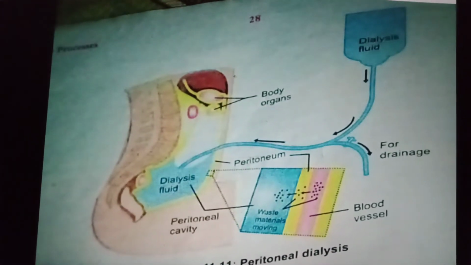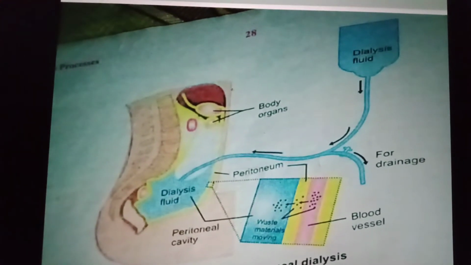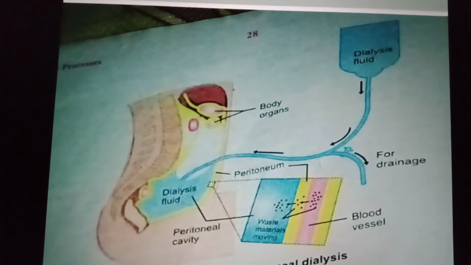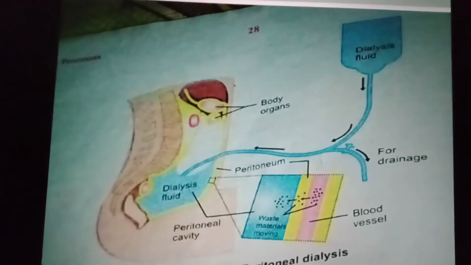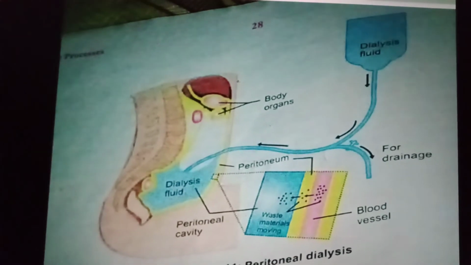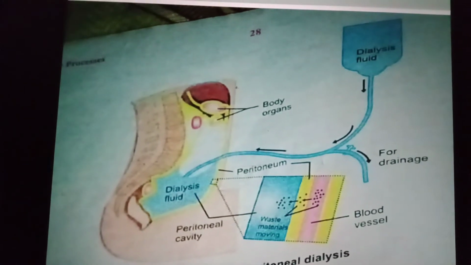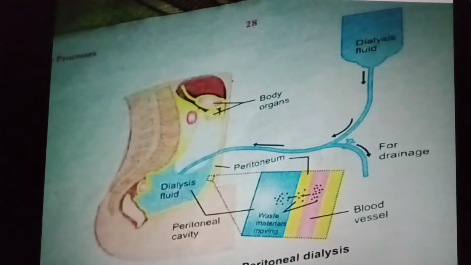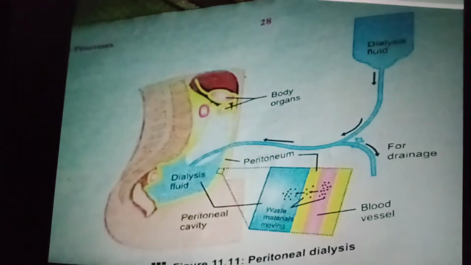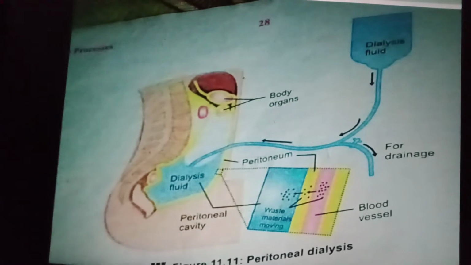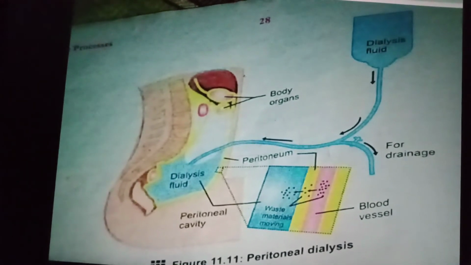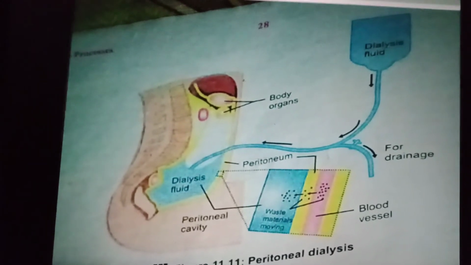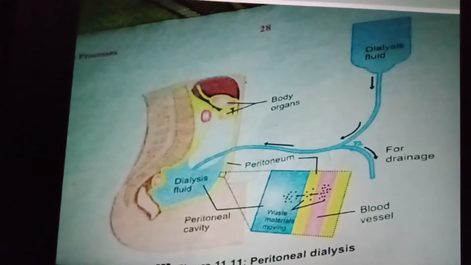You're watching that there are blood vessels. When we place dialysis fluid in the peritoneal cavity, waste materials from peritoneal blood vessels diffuse into the dialysis fluid, which is then drained out. So here is a proper drainage system. This type of dialysis can be performed at home but must be done every day.